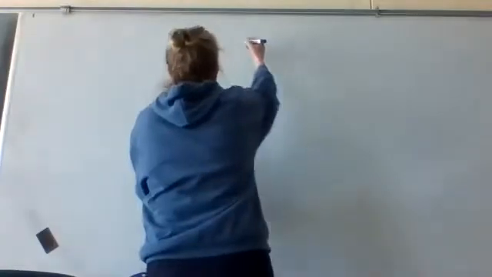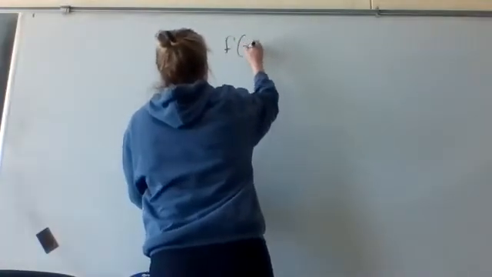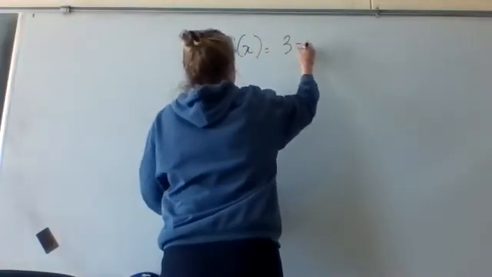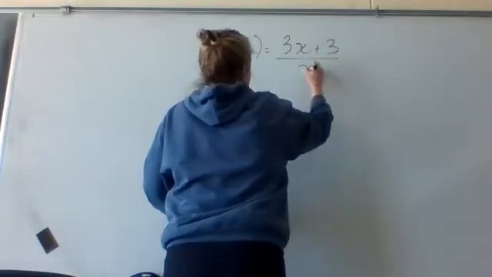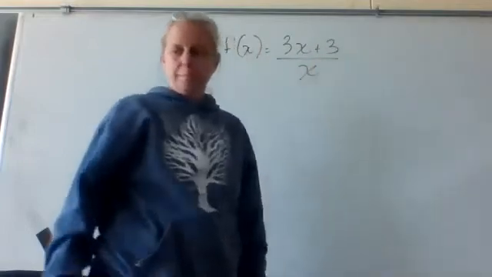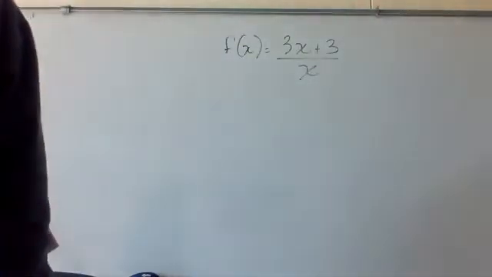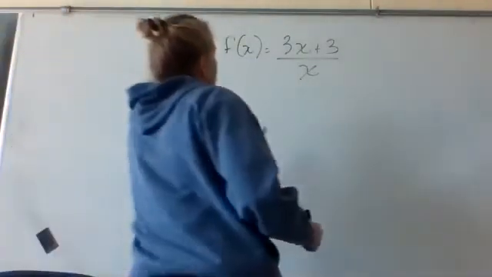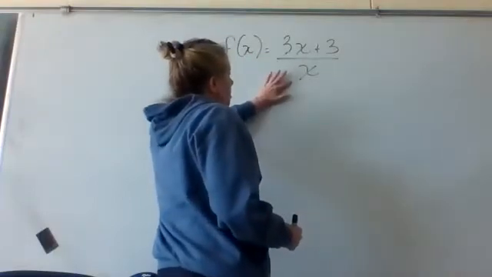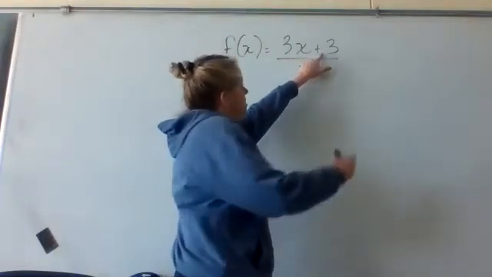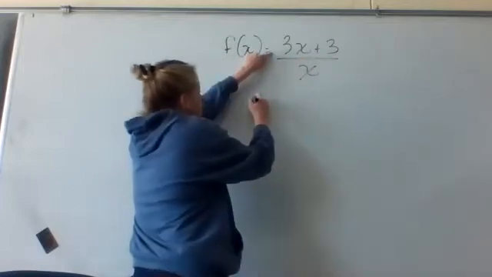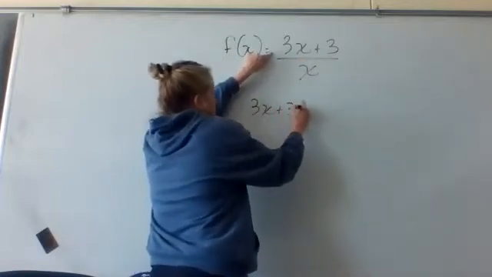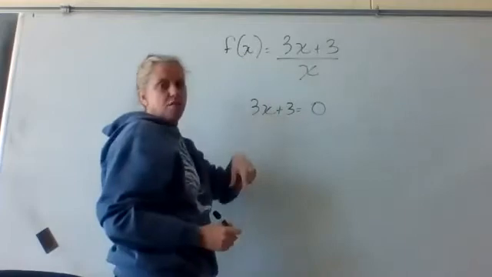F of x equals 3x plus 3 over x. So like I said, before I do anything else, I'm going to find the zeros of the numerator and denominator. So let's see, if I set this one equal to 0, so 3x plus 3 equals 0, and solve it for x.